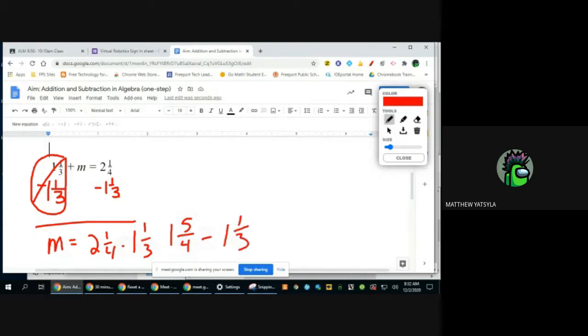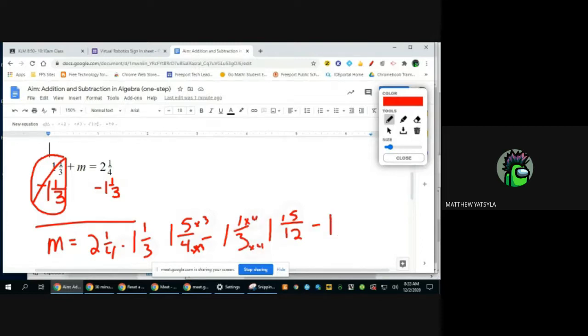Now we'll just go ahead and do our fractions. 5/4 and a third, they become 12ths, because there's our common denominator, which gets us 1 15/12, because you have to multiply 4 by 3. Then we have to do the same thing at the top, 5 by 3. 15/12. Now for here, we have to do these by 4 and by 4.